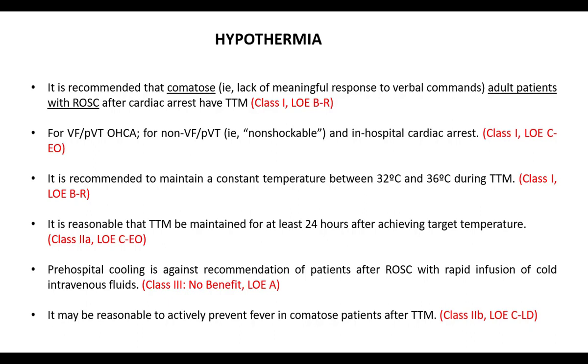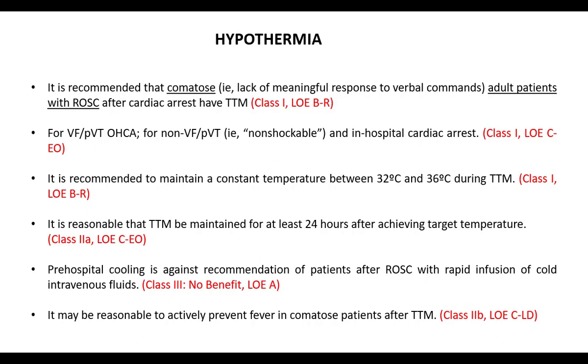Now again, the temperature to be maintained is in between 32 to 36 degrees, and that is why it is called targeted temperature management. Another thing is how long you are going to give this therapeutic hypothermia or targeted temperature management.